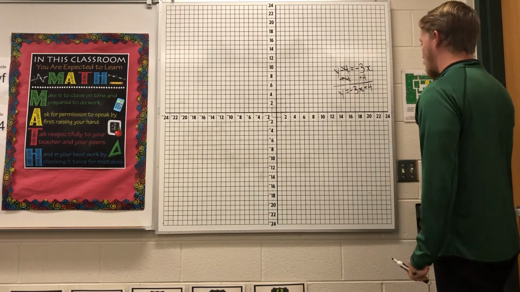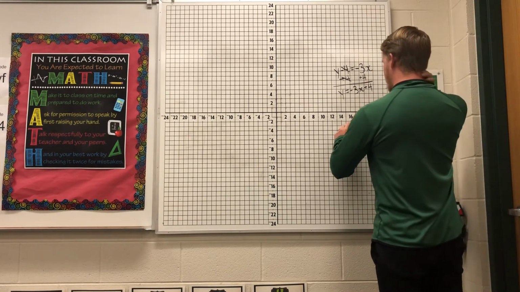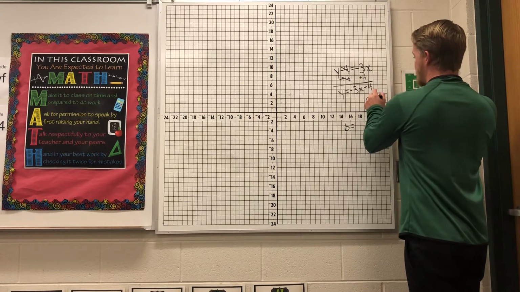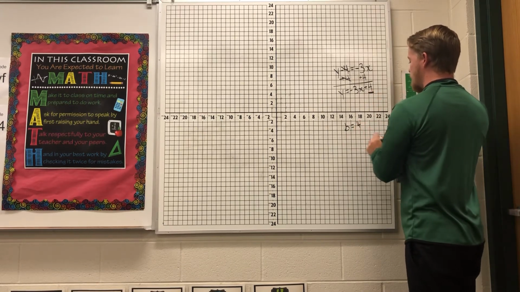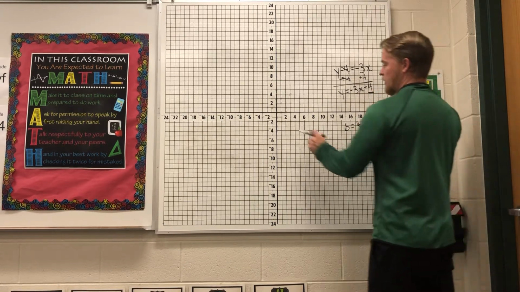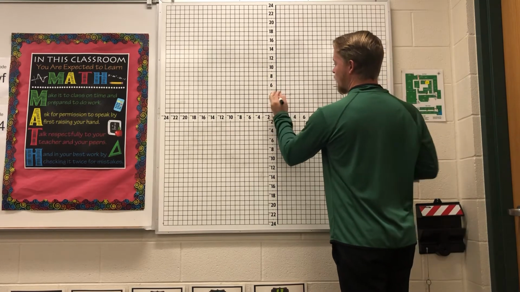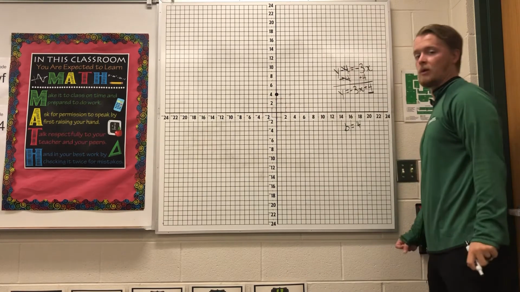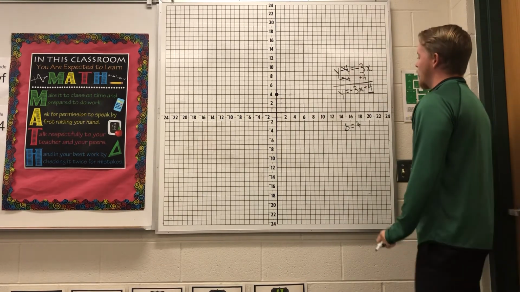Now we locate our slope and y-intercept. Again, the y-intercept is used first because that's where our first point comes from, which in this case is 4. So b equals 4. So I go to my y-axis, go up to 4. There's my first point at 4 on the y-axis.